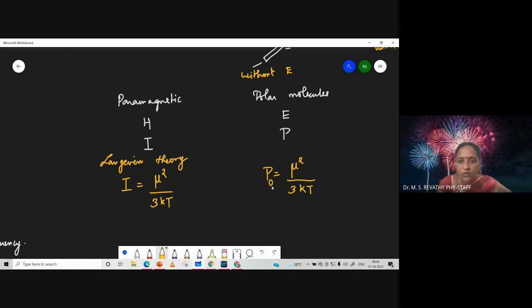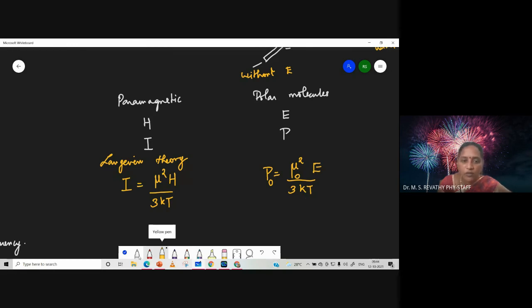This polarization is orientation polarization, and this is mu O. Here magnetic field appeared; here the electric field has to appear. So orientation polarization is equal to mu O square divided by 3 kT, and it is inversely proportional to the temperature.